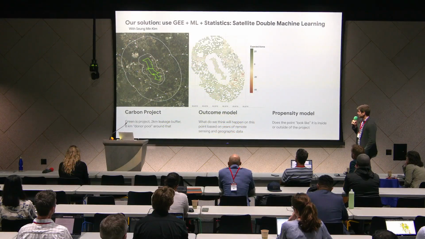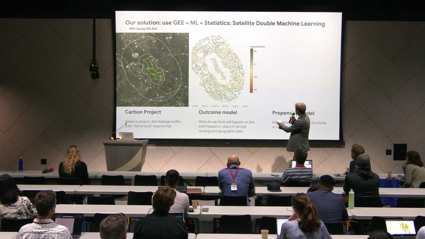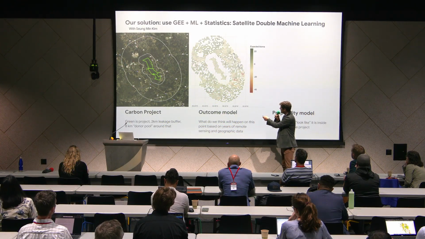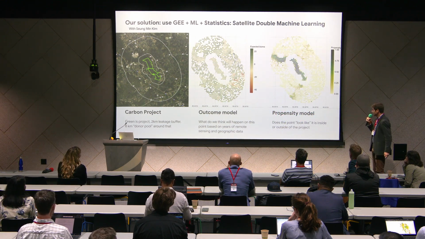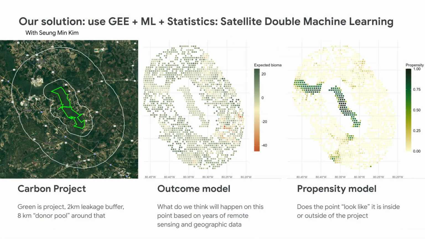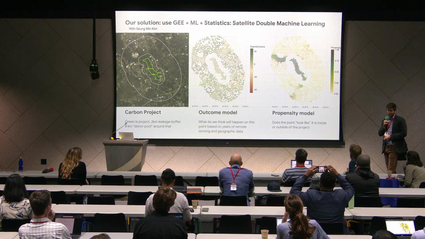So when we do this, we'll see what the expected biomass change was going to be for each location inside and outside the project, and also how much each point looked like it was going to be inside the project using only data prior to the start of the project. So this is like, how predictable is this project?